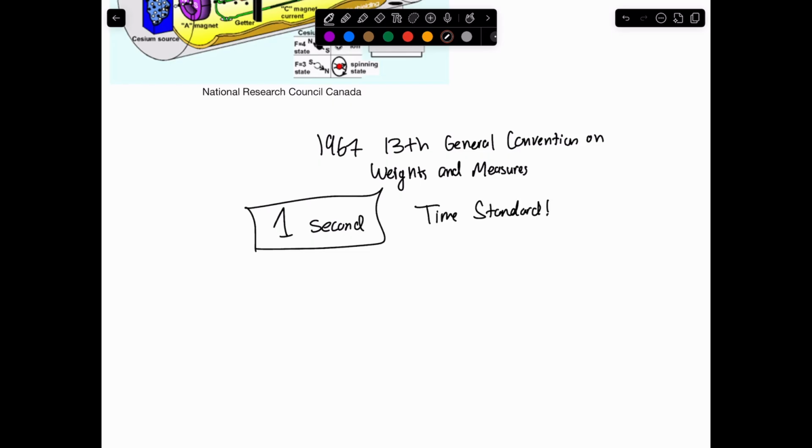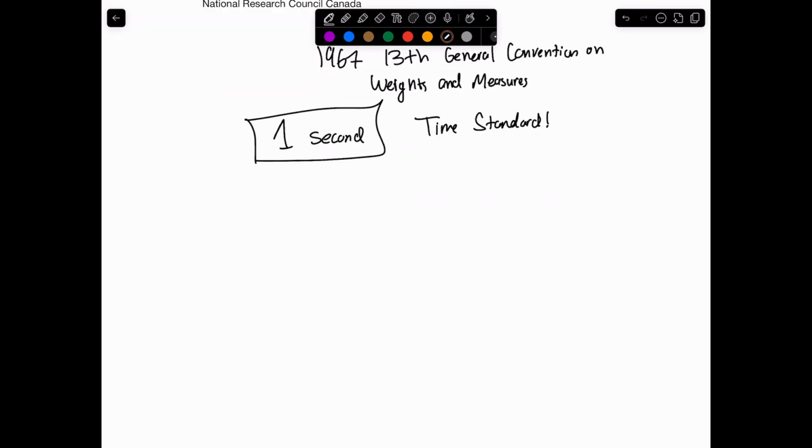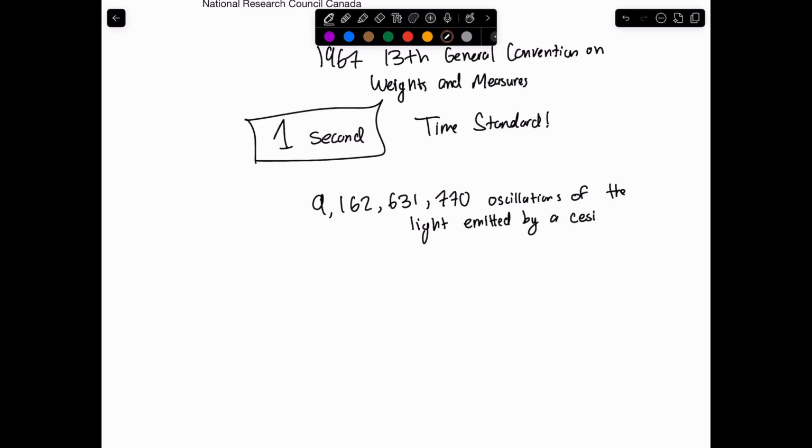But what is the second defined as in terms of our atomic clock? Well, 1 second is defined as 9,162,631,770 oscillations of the light emitted by a cesium-137 atom.